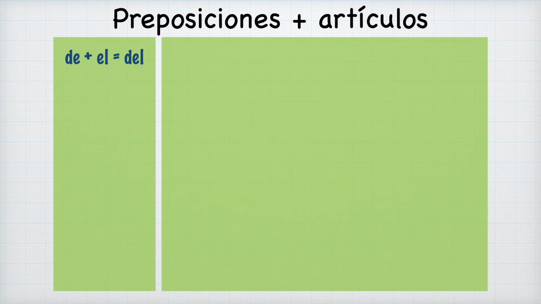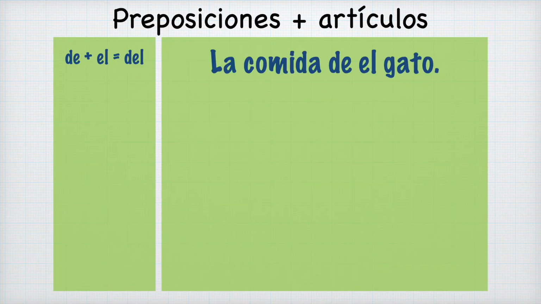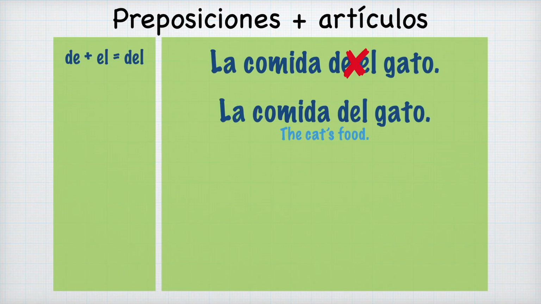For example, la comida de el gato. We wouldn't usually say this because we have two letter E's right next to each other. So it's not correct. The correct way to say it is la comida del gato, which means the cat's food.